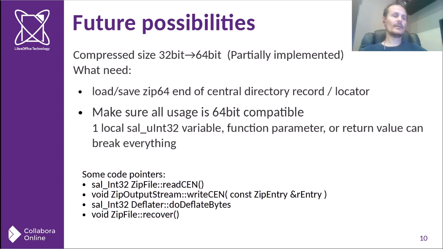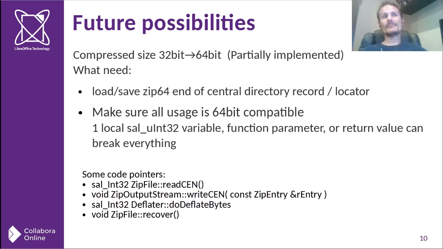It's partially implemented because I load this information and I changed this value into 64 bits, but it's not enough. There are some other parts that store information related to it. We should load the new records, I mean the Zip64 end of central directory record and locator.